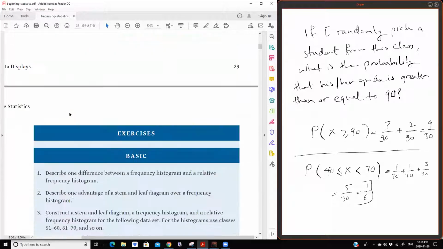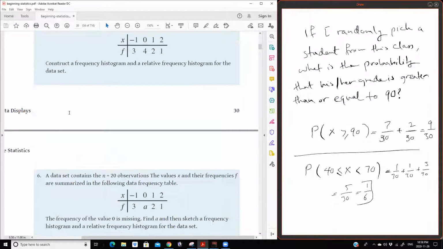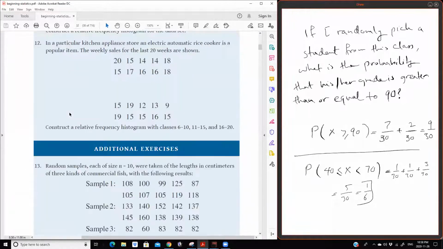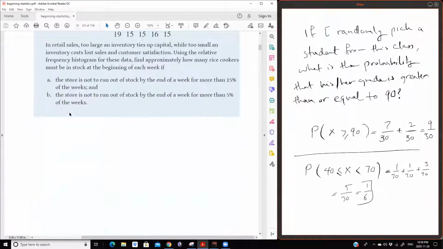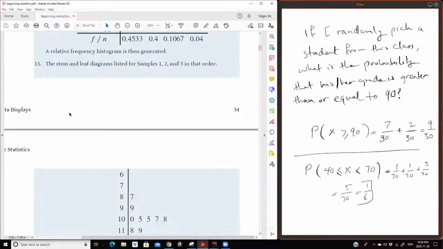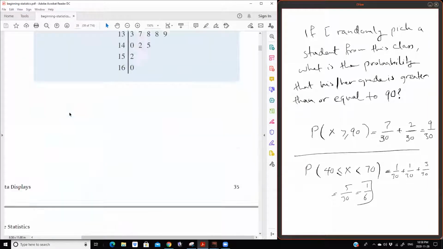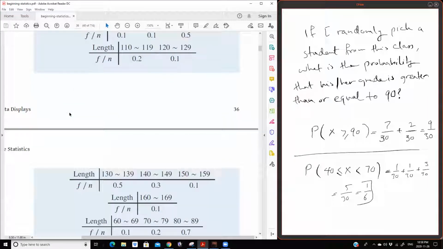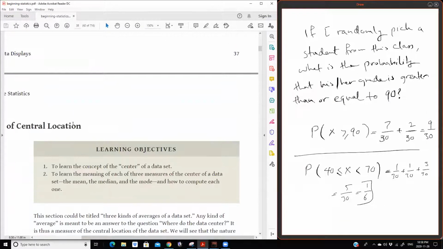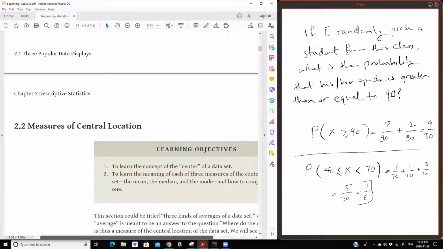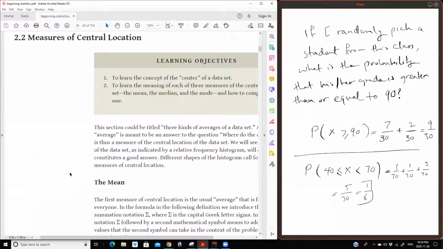Okay, so the next thing that I want to talk about tonight is the things that you already know from Khan Academy: the measures of central tendency. I'm just giving you a reference so that you can come back after and look at them.